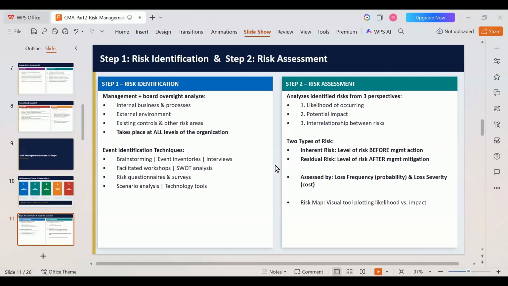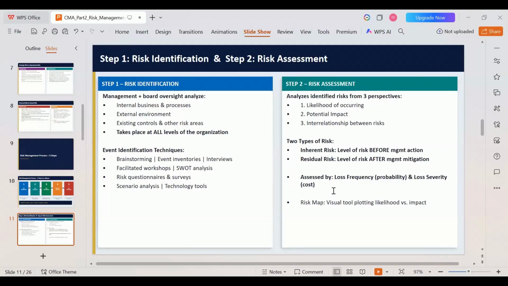Now, the two major things that we focus on in risk assessment are loss frequency and loss severity. What does this mean? Loss frequency means the more frequently a risk occurs in a company, the higher the probability of its occurring. As such risks are recurring in nature, we need to address them first.